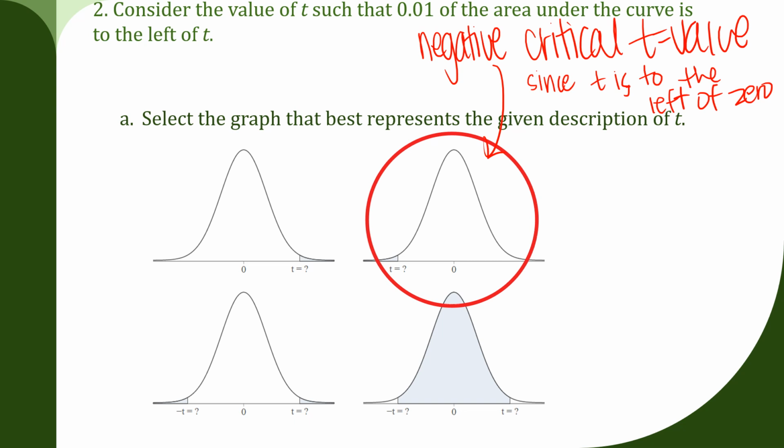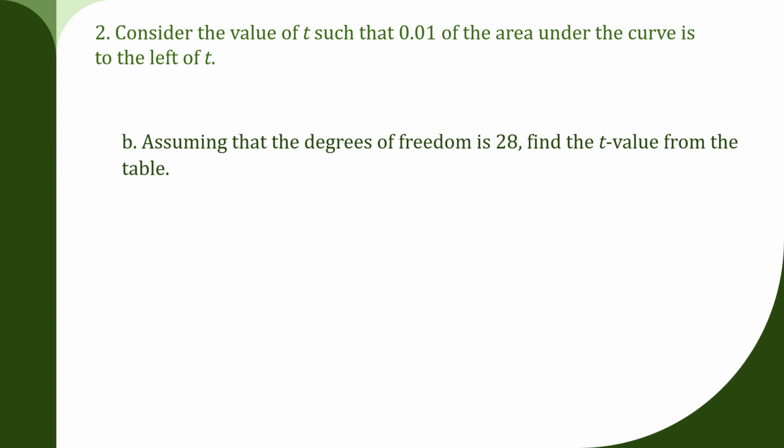We're going to have a negative critical T value since our T value here was to the left of 0 on our number line. So again, 0.01 area is to the left, and degrees of freedom is 28 this time.